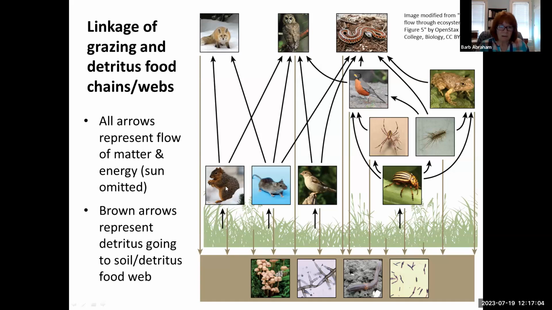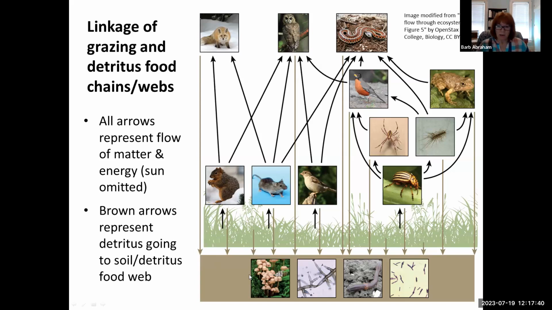So if this, I don't know, red squirrel, I guess, or this mouse or this sparrow eat grass or seeds, the energy is going from plant material, they're making it into animal material, and then they're getting eaten by the carnivores. However, you see arrows going every which way in this. It's not a simple chain. So a food web is all the food chains in the ecosystem together. I like to picture it as a fisherman's web. Things are just going every which way.